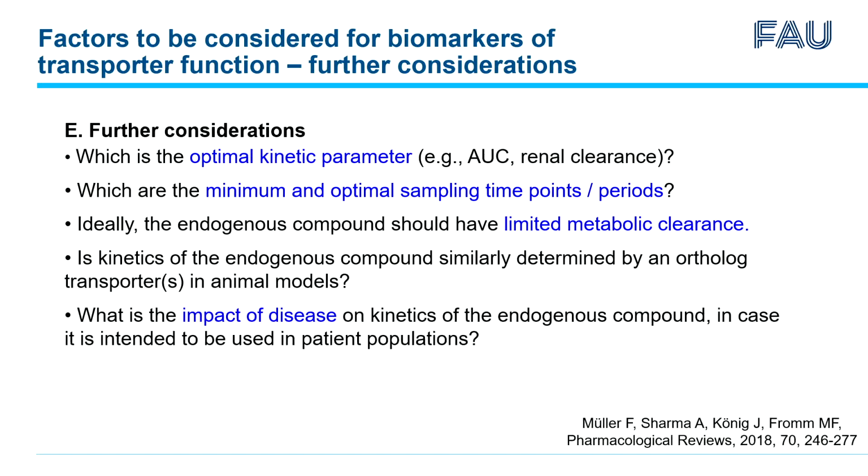And we need to have an understanding of the impact of disease on the biomarker disposition in case it will be used in patient populations. So you see there's a huge list of things we have to consider, and probably at the moment there's no ideal biomarker, and maybe there will never be an ideal biomarker, but we need to come as close as possible to these issues.